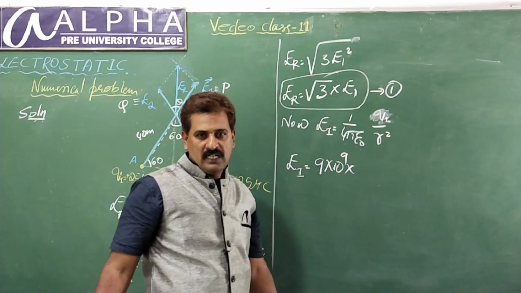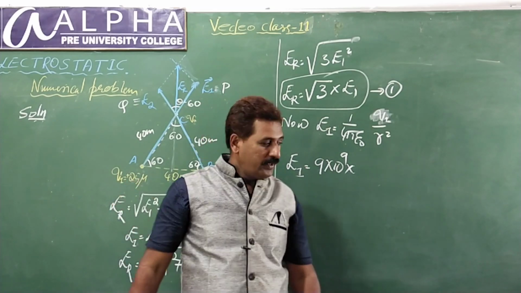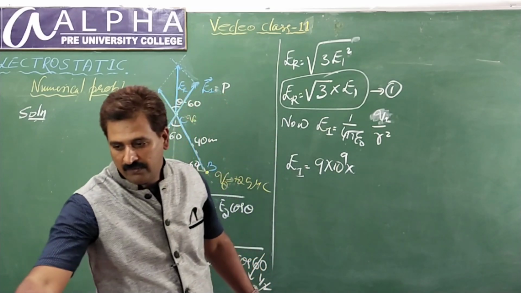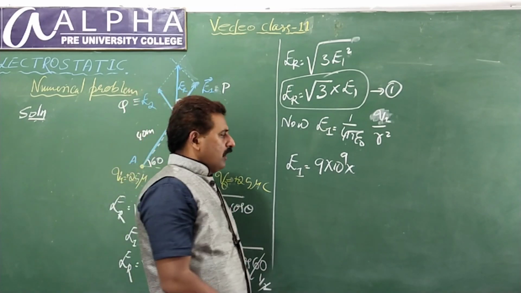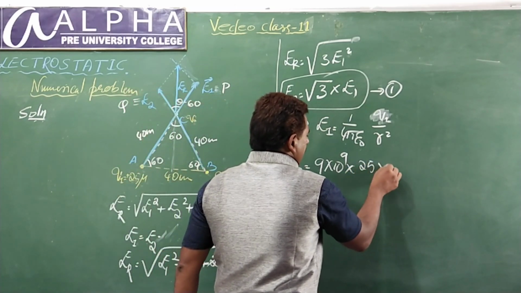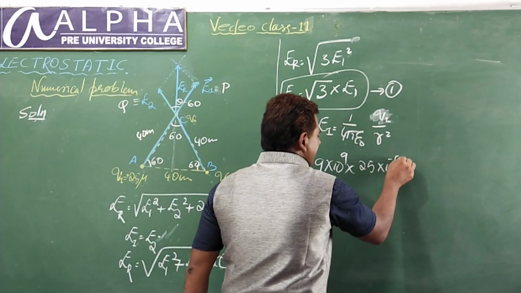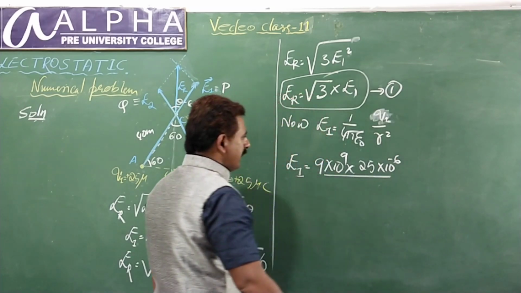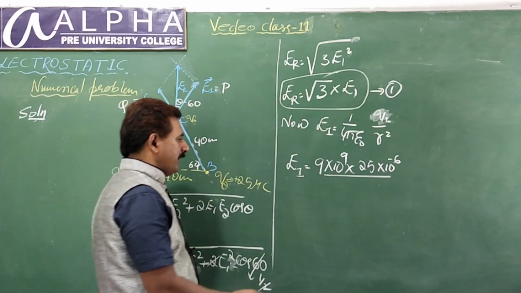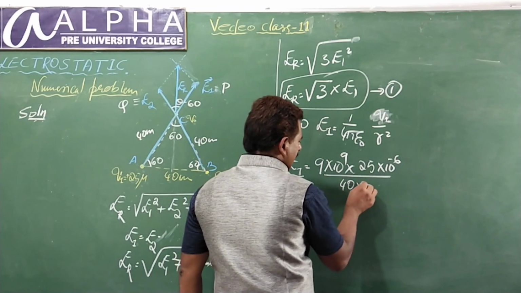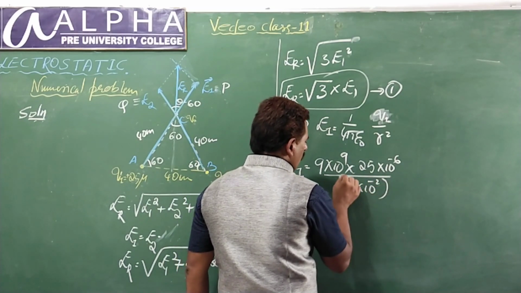Q1 is the charge here, that is 25 micro, 25 into 10 to the power minus 6, divided by the distance. What is the distance? 40 centimeters, 10 to the power minus 2, whole square.